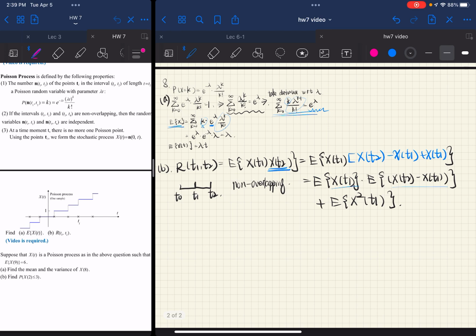So we need to calculate the expectation of X to the power of 2.